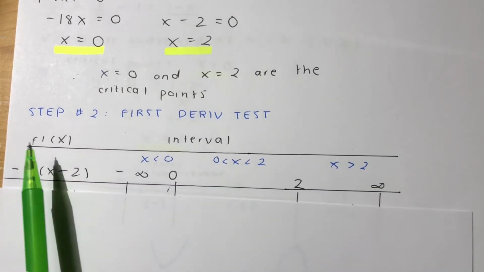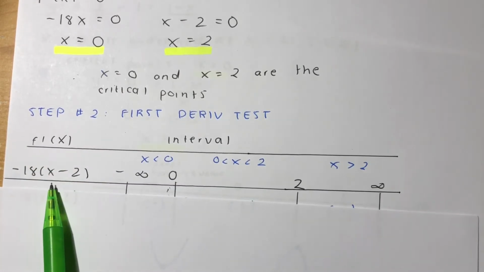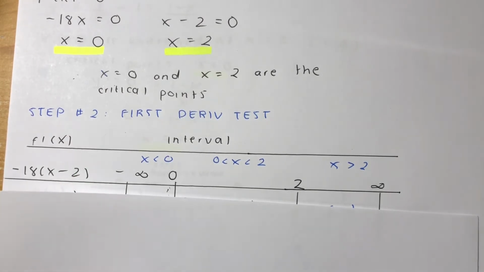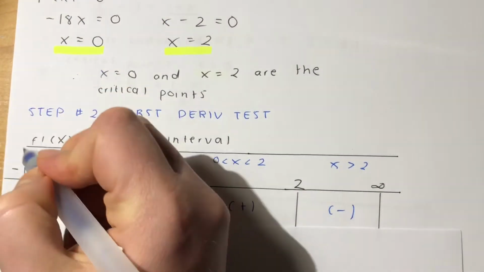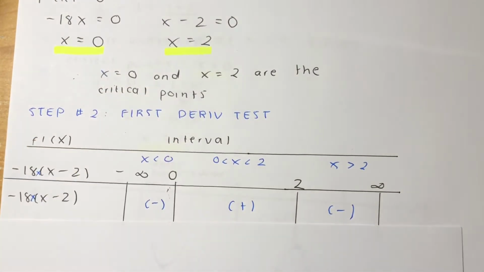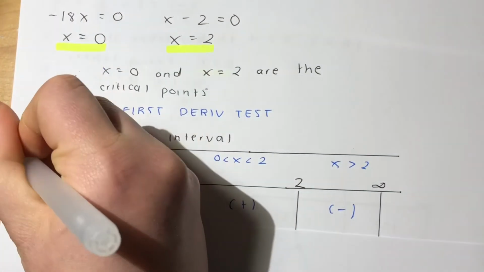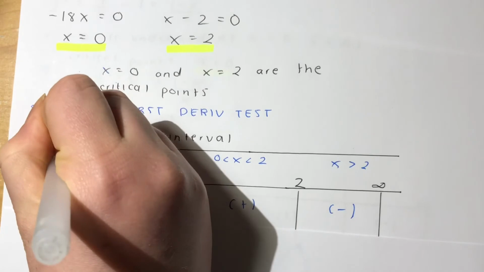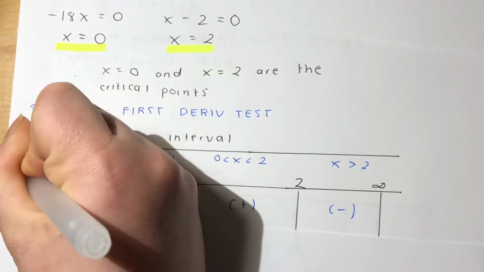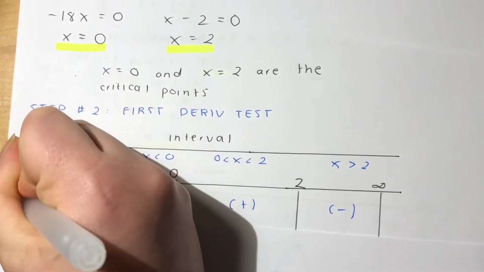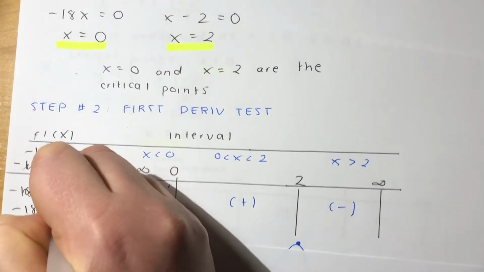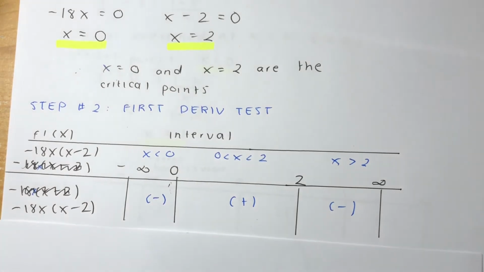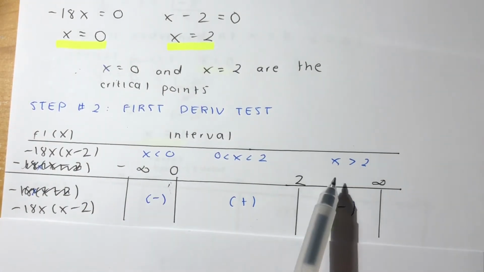So here we have our f prime of x, there should be an x there, sorry. So we have negative 18x times x minus 2 as our f prime, and we also have our intervals.